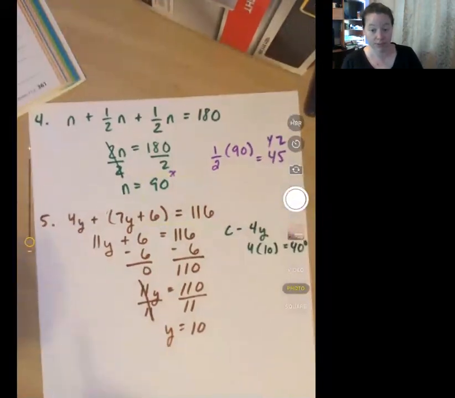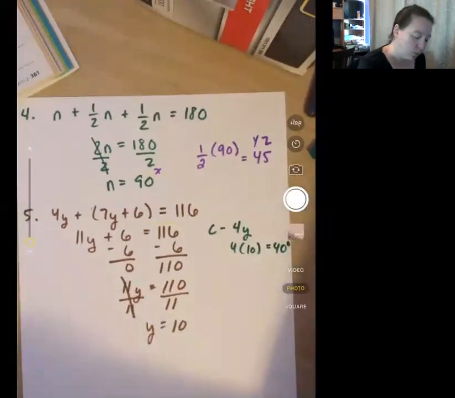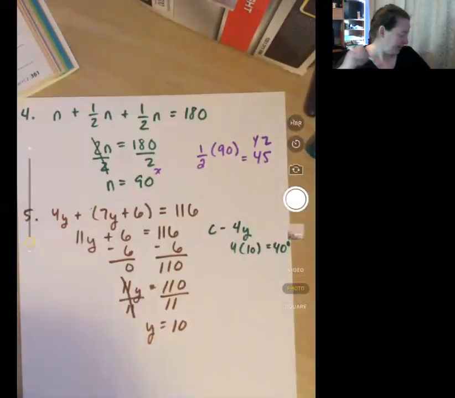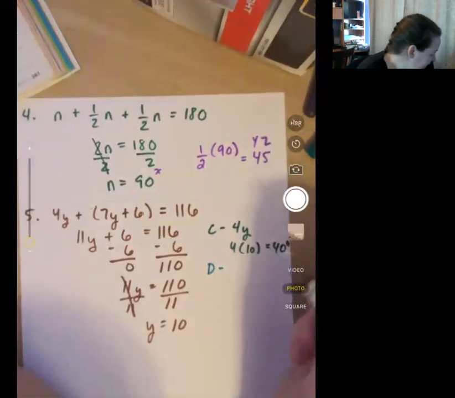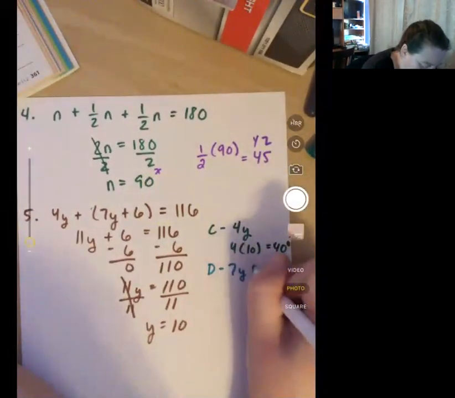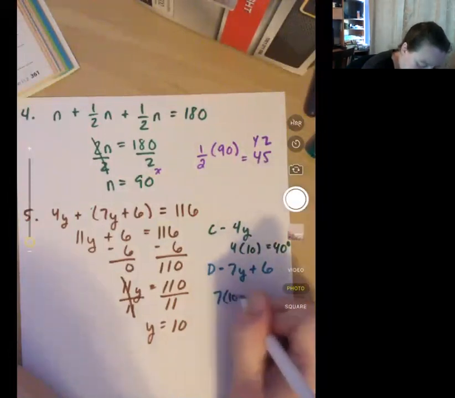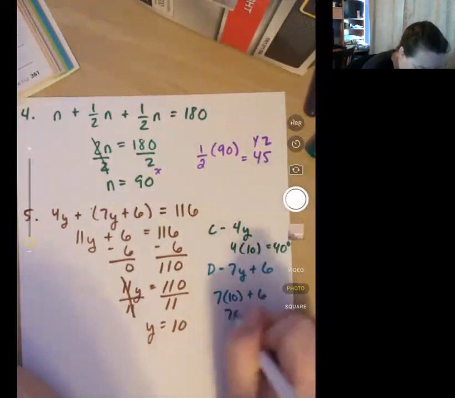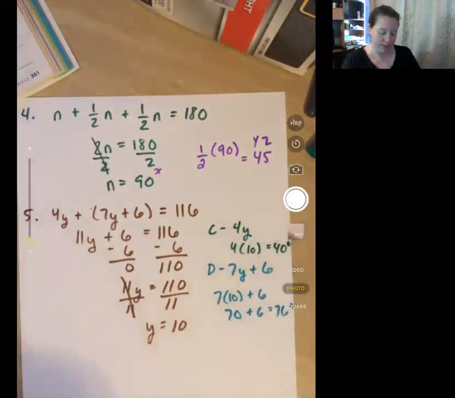Letter C is 40 degrees. The angle for letter D is 7y plus 6. So it's going to be 7 times 10 plus 6, or 70 plus 6, which is 76 degrees.